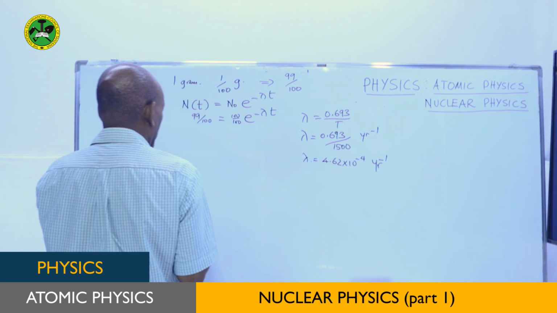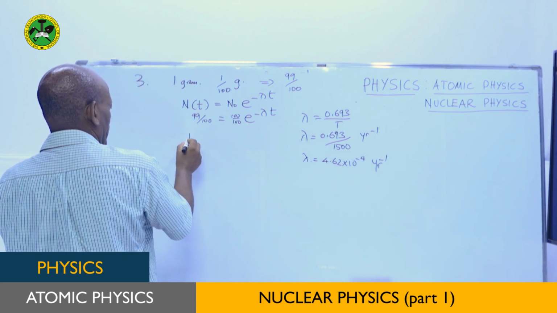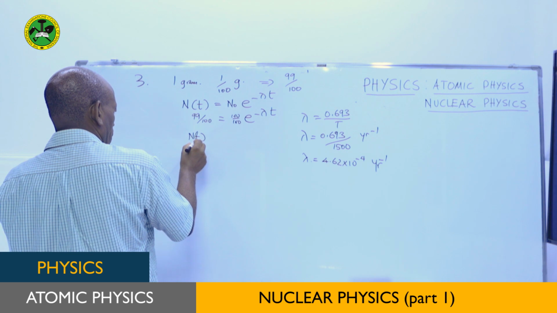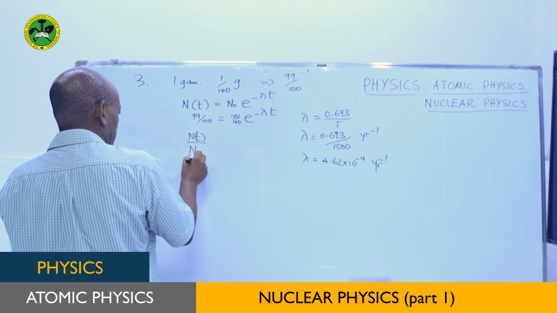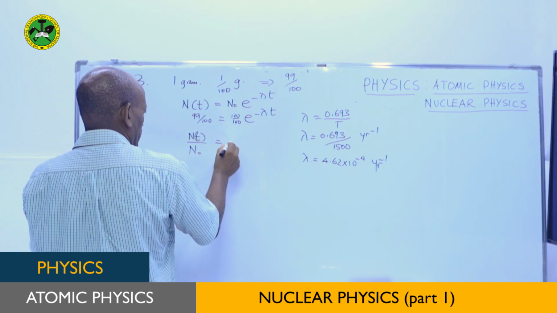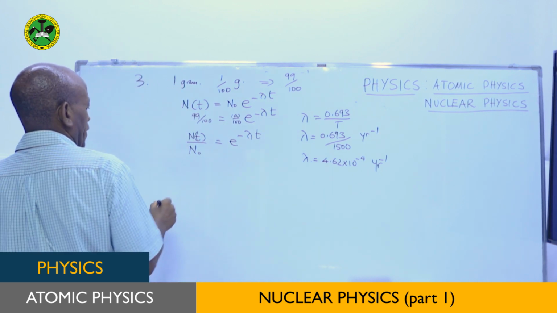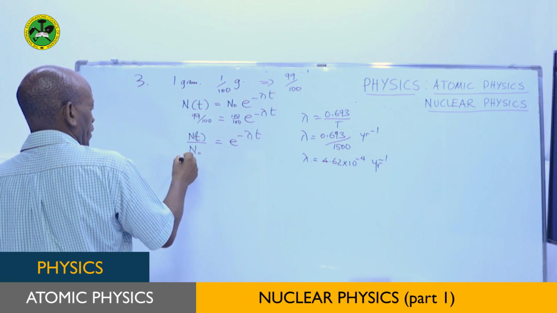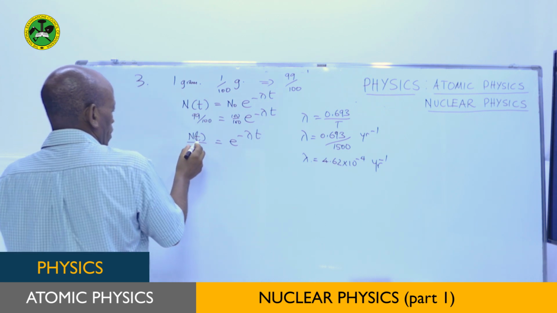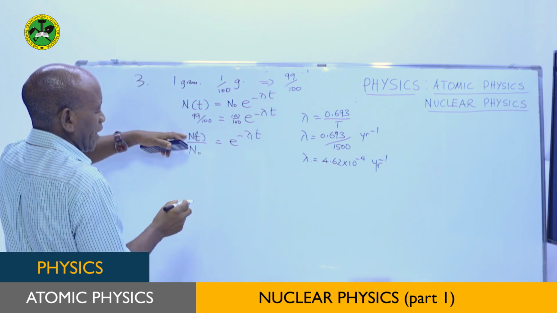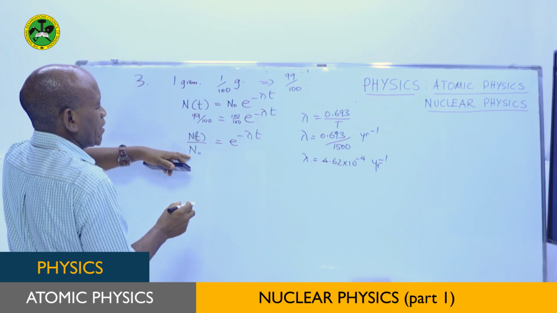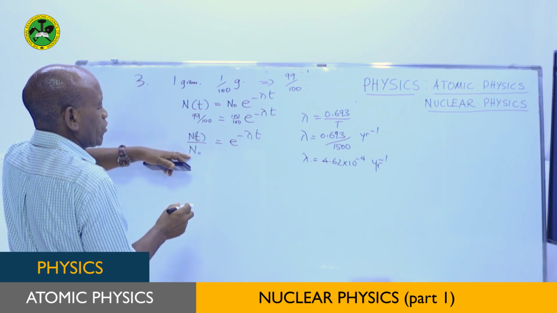Now we come back here: whenever I'm looking at the ratio of Nt over the original sample, which is equal to e power minus lambda t, here we are looking at the ratio of the sample at time t with respect to the original sample.